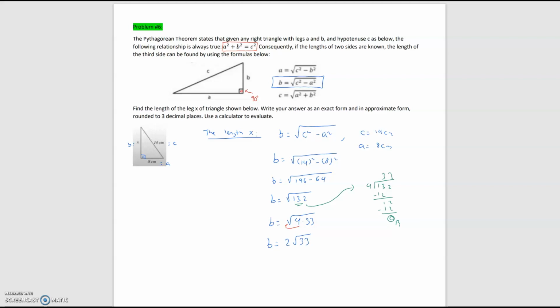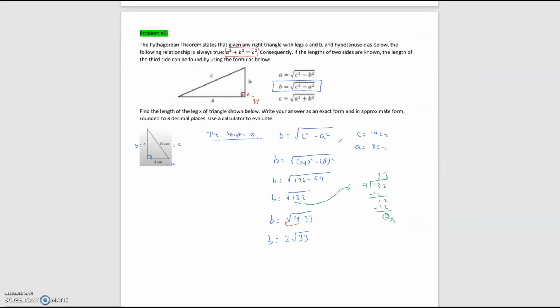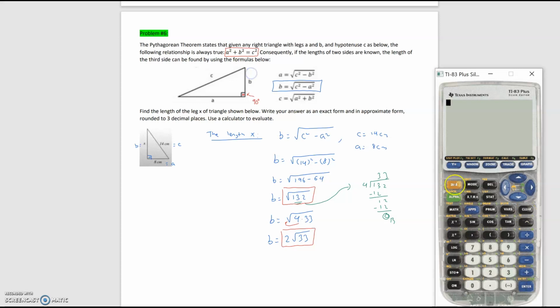And then if you evaluate this in the calculator, please take a second and evaluate it. In your calculator, you could actually punch it in exactly as it stands here or in this format. Let me pull out the calculator so you can see the evaluation. Okay, so let me evaluate the square root of 132 so we can find a decimal, and we're getting 11.48.